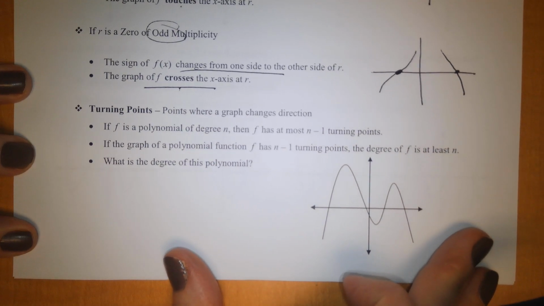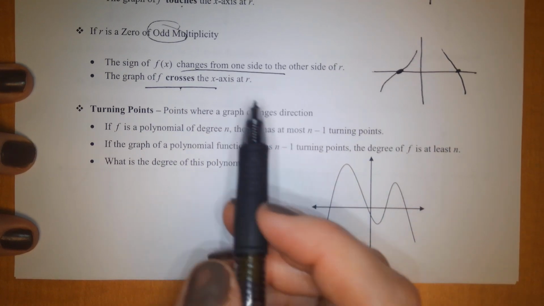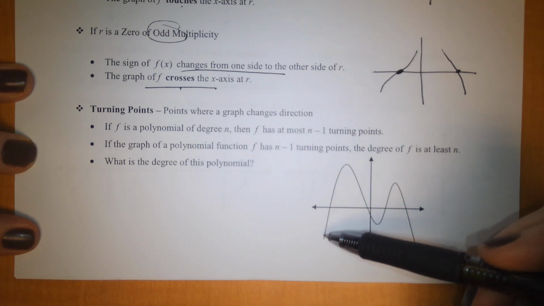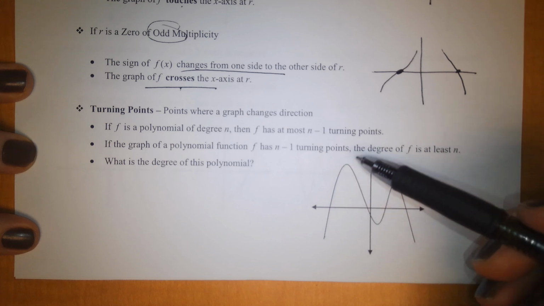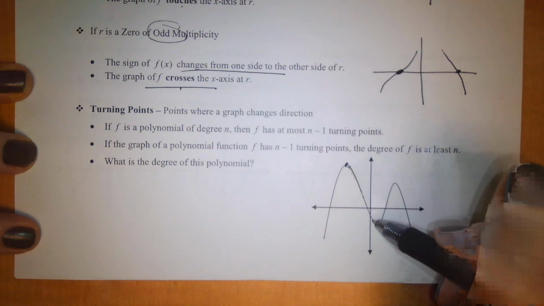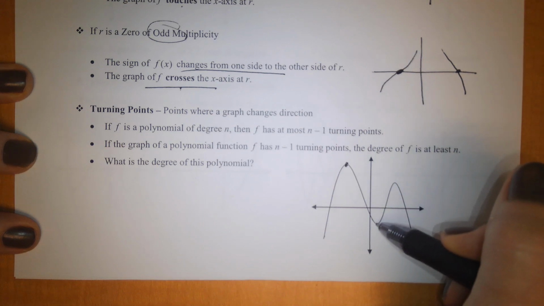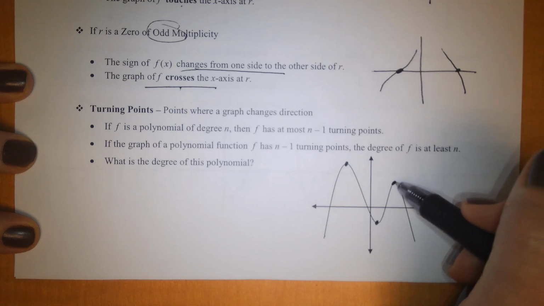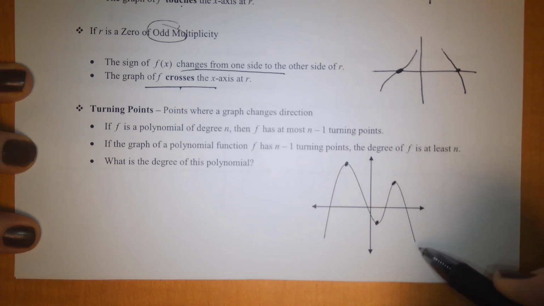And there's also such a thing called turning points. Turning points are points at which the graph changes direction. If you look at this graph right here, you can see that this graph is increasing, and then at this point right here, it turns and starts to decrease. At this point it turns and starts to increase, and at this point it turns and starts to decrease.